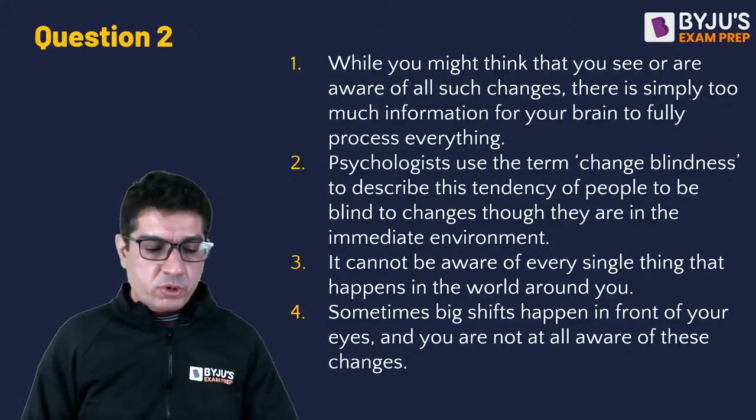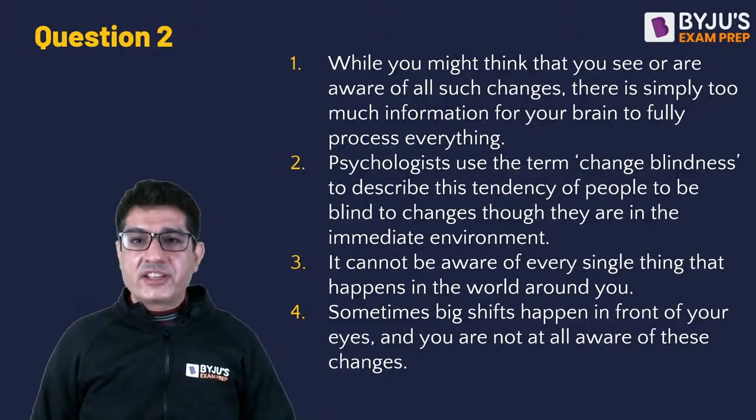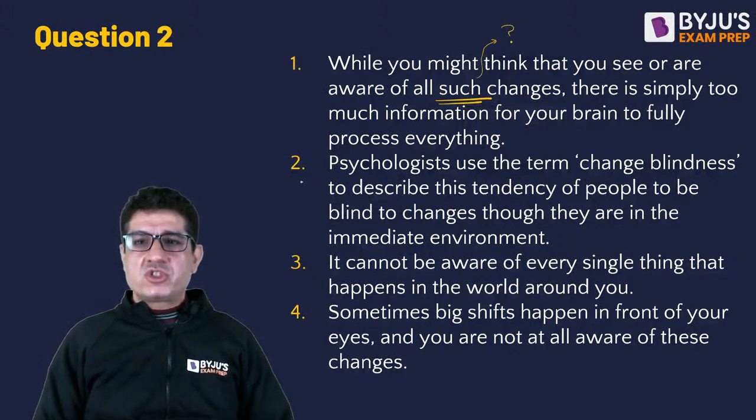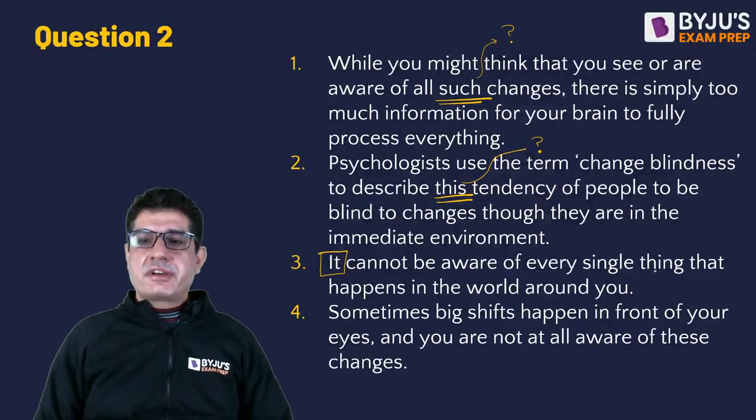Let me go ahead and focus on what all I saw. While you might think that you see or are aware of all such changes, which changes? To describe this tendency, which tendency? It cannot be aware of every single thing that happens in the world around you. Fourth, sometimes big shifts happen in front of your eyes and you are not at all aware of these changes.